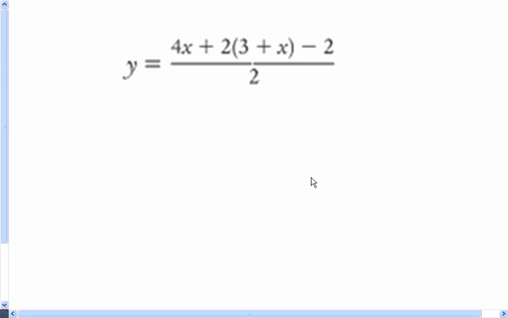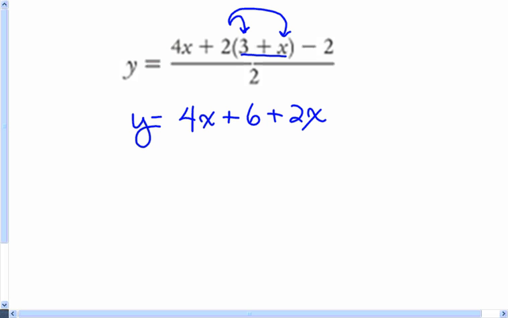All right, so just simplifying. One thing you learned last year was the distributive property. If you have 2 times the quantity 3 plus x, all you do is distribute that 2 by multiplying. So you do 2 times 3 is 6, and 2 times x, minus 2, divided by 2. This will get simpler.